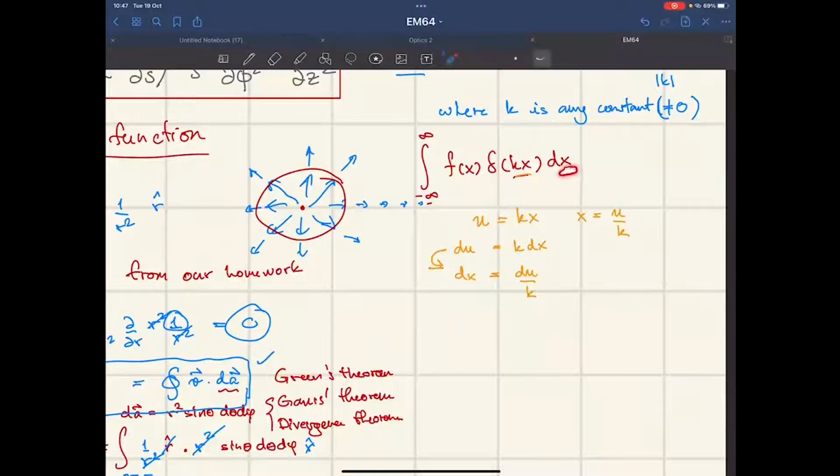Our integration is with respect to x. Now, if we put it back here, when x is minus infinity, multiplying by k becomes minus infinity. And if x is infinity, u is also infinity. So the limit of integration is still the same.